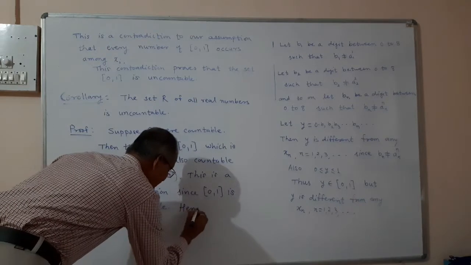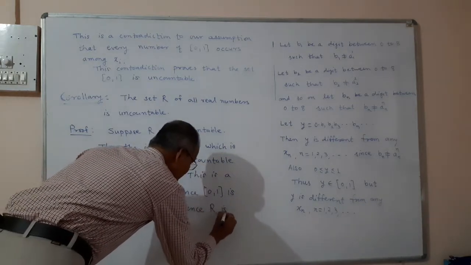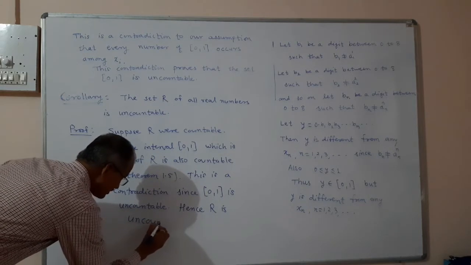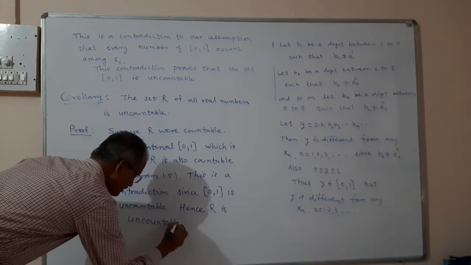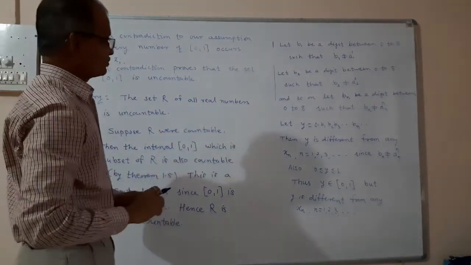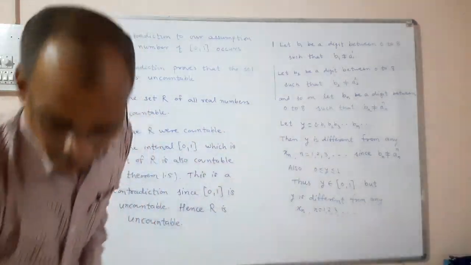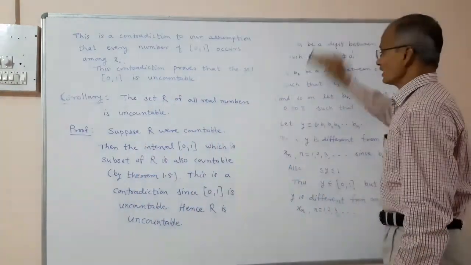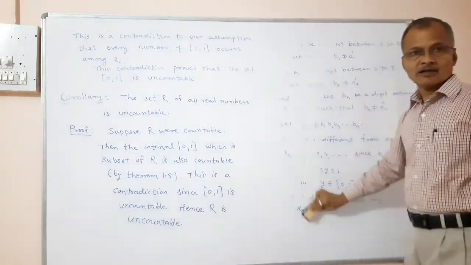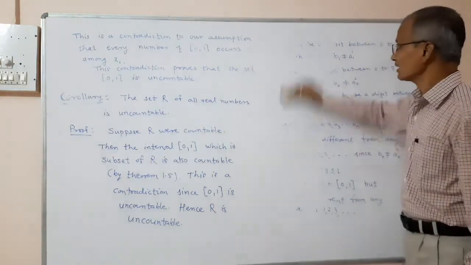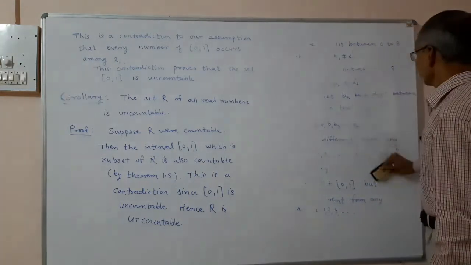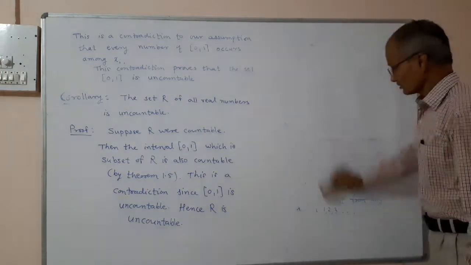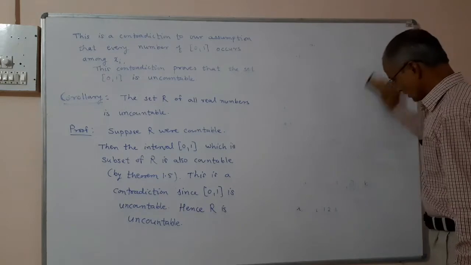Hence this proves R is uncountable. Or you see the interval 0 to 1, though it has finite length 1, is uncountable, or it contains infinitely many real numbers. And we can't count the real numbers. So the set R of real numbers is uncountable.